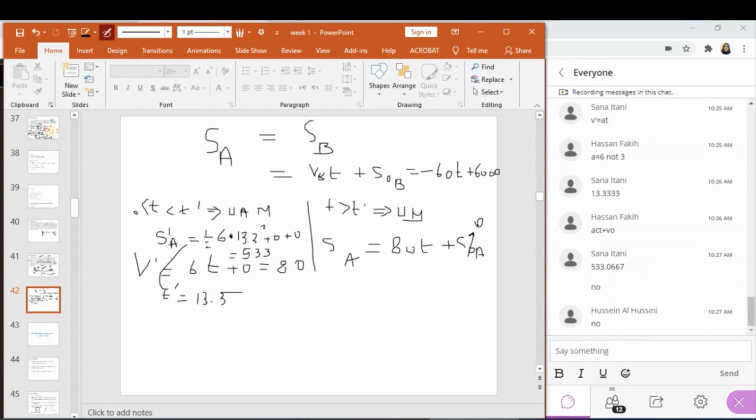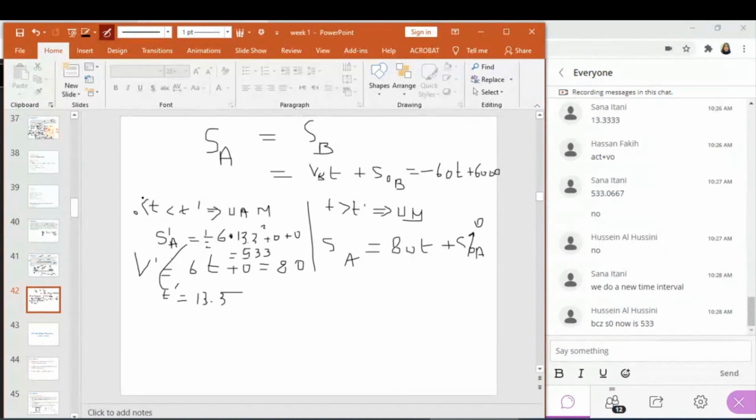Why not? Because in fact this is not a uniform motion from t equal to 0. So what do I have to do, a new time interval? No, this will be confusing. What I can do is repeat the integration. So I cannot use this equation, I can use this equation.